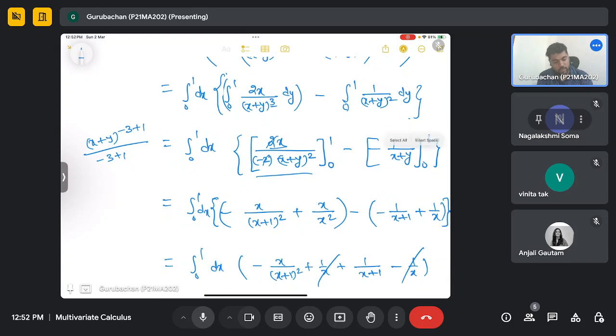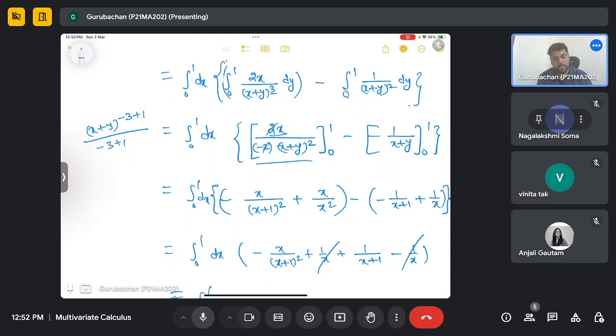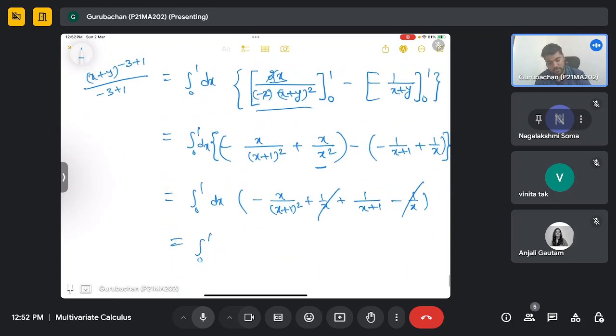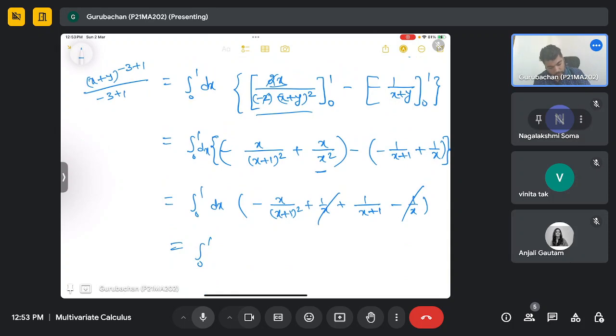So when we put 1, it will be minus 1 by x, and this will be 1 by x. And this will be x by (x plus 1) whole square, and this will be with positive sign (x plus 1) by x. So this will be 1 minus x, or in fact, this is minus x, and we can take LCM (x plus 1) whole square.